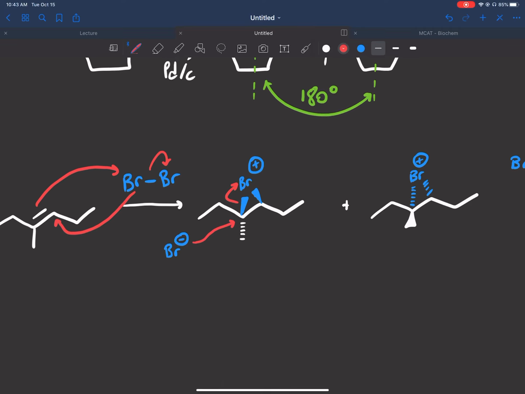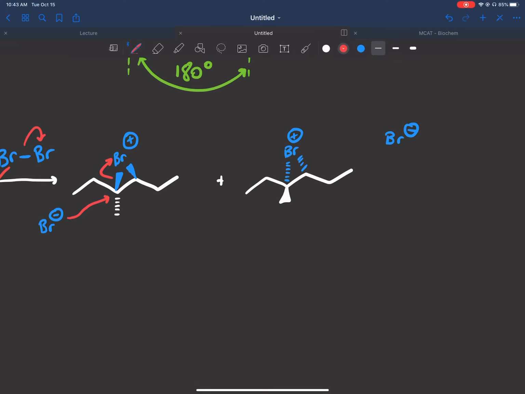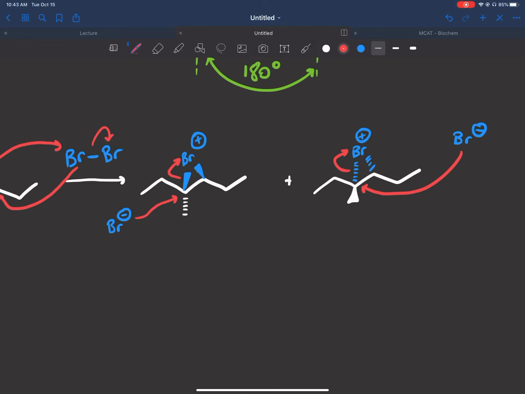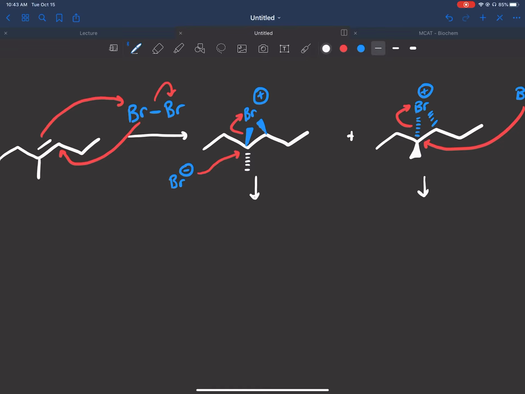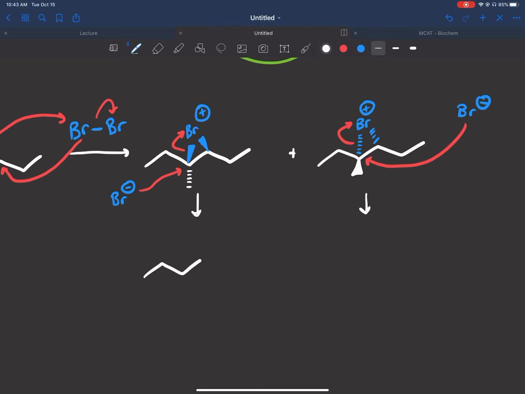Okay? And so it does the same over here. It's going to come in right there and kick that out. And so what's going to form now is this. The Br that was originally added retains its stereochemistry.